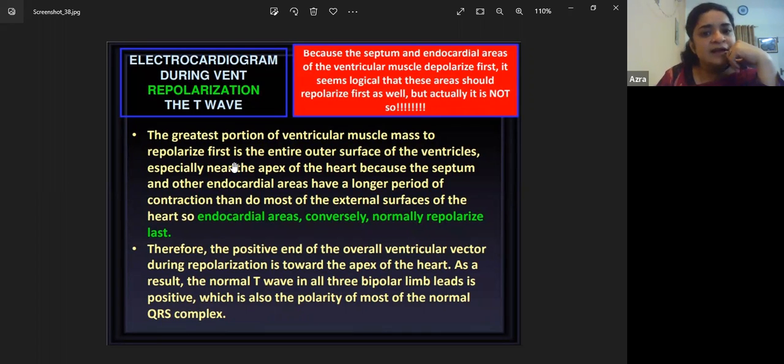First is the entire outer surface of the ventricle, especially near the apex of the heart, because the septum and other endocardial areas have a longer period of contraction. So the external surface of the heart repolarizes first, and conversely the endocardial areas normally repolarize last.